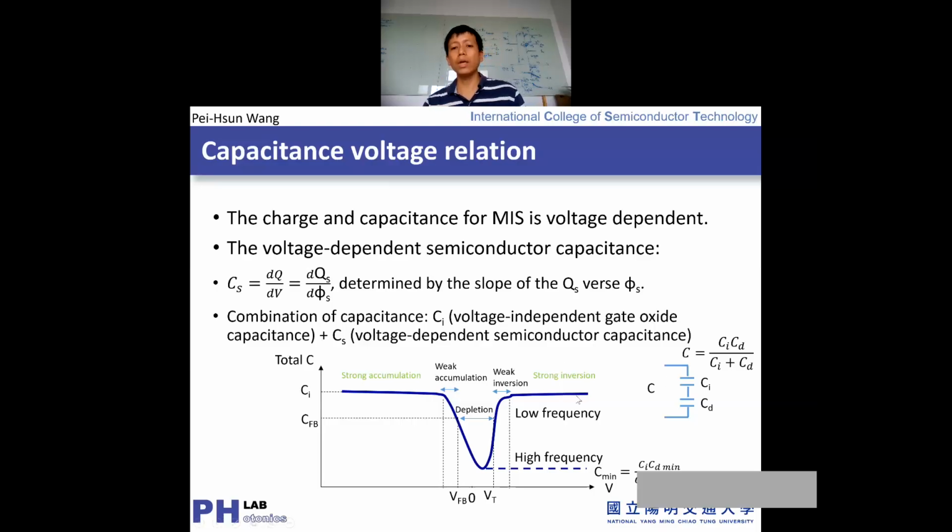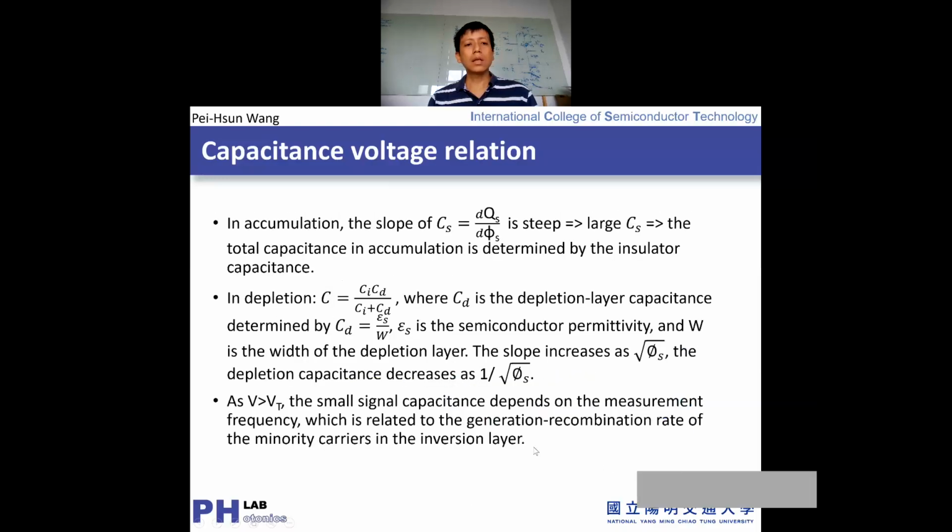And then in stronger inversion, if your frequency is low, we can still modulate the electron along the surface. But if the frequency is high, you can only modulate the majority carrier at the depletion junction, as the depletion capacitor, and the electron cannot be modulated along the surface.